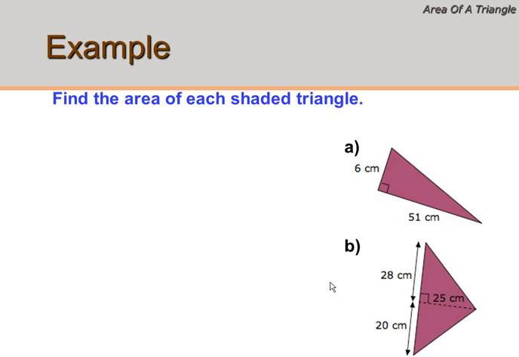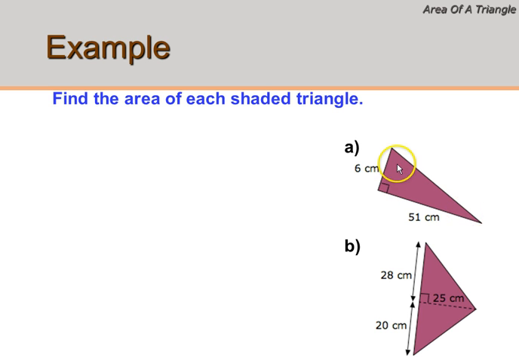Now at this juncture, find the area of each shaded triangle. There's no need for you to draw any grid boxes. Just use the formula to determine the area of triangle A and triangle B. Take note, the perpendicular angle is here. This line cuts down this line.